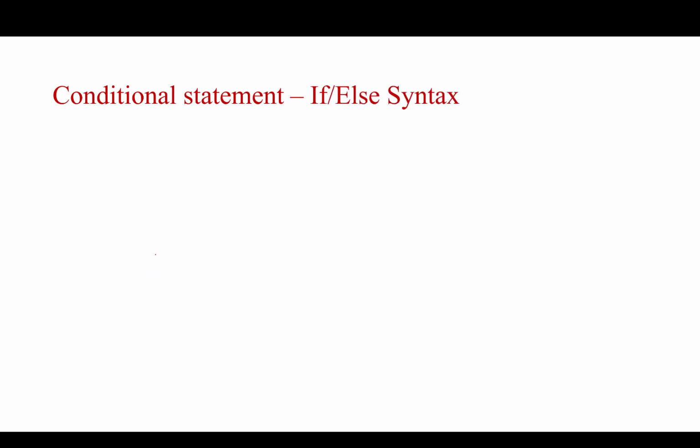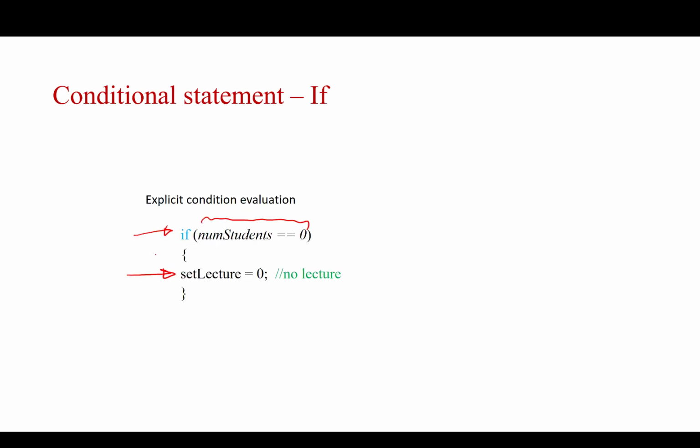But if there are two conditions, for example, if we return back here, if the number of students equals 0, then set lecture equals 0. But what if the number of students does not equal 0? In this case, let's say I will set lecture equals 1, right?